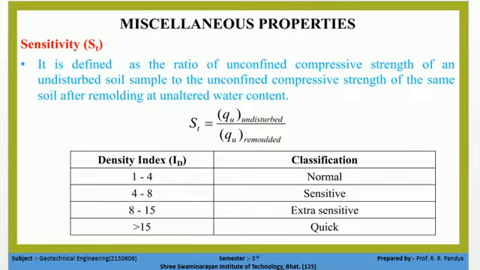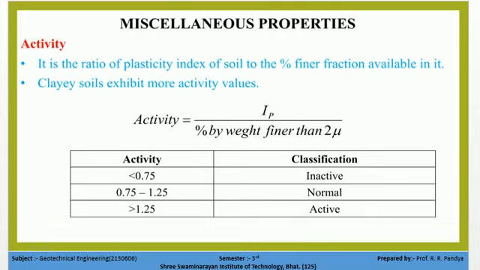Now let's move to the next topic, activity. Activity is the ratio of the plasticity index of the soil to the percentage of finer fraction available in it.